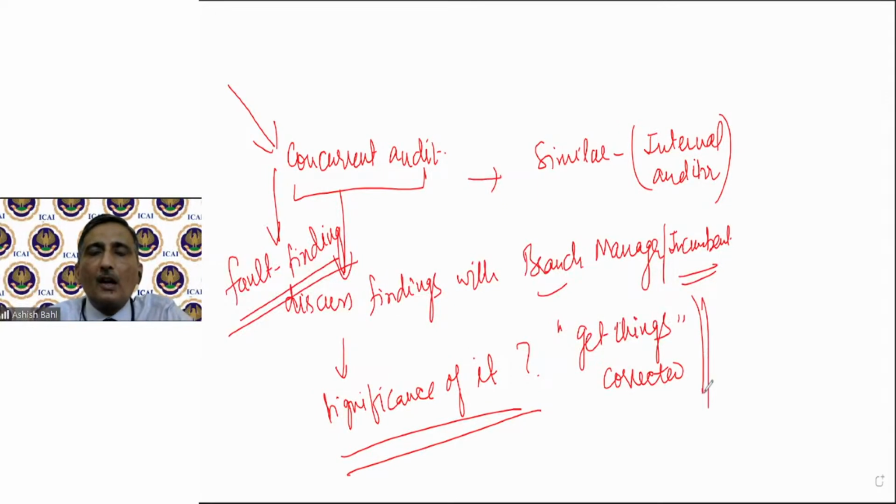His job is not just to point out the deficiencies. His job is not to point out the mistakes and submit his report and go away. No, his duties are to get those deficiencies corrected and follow up with the branch management whether these deficiencies have been corrected or not.